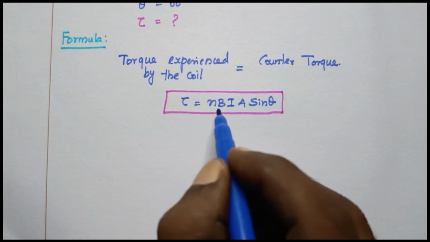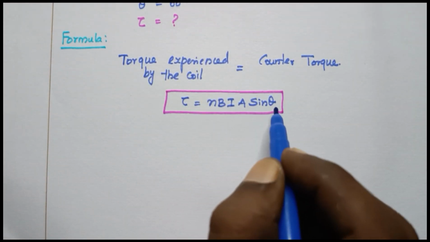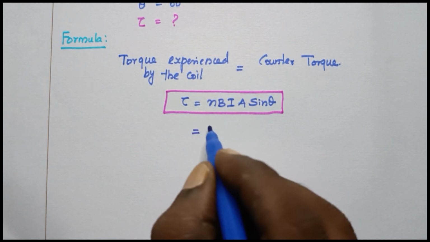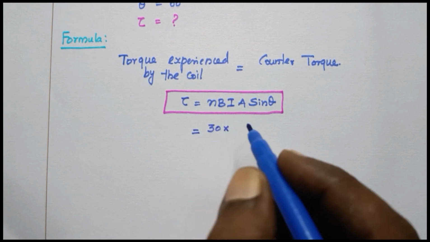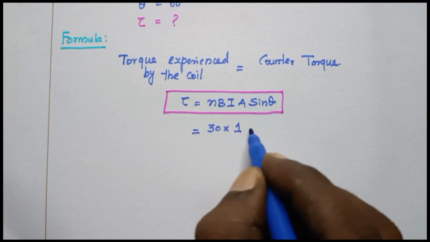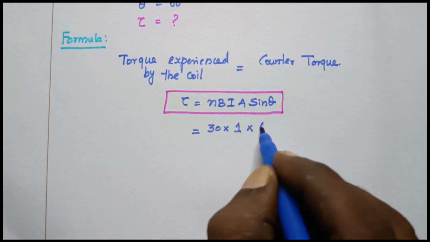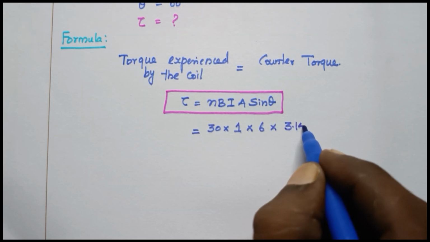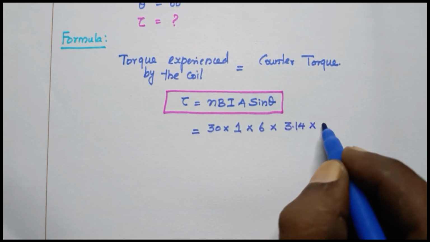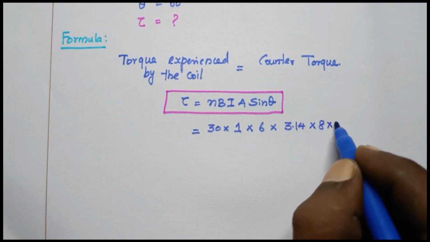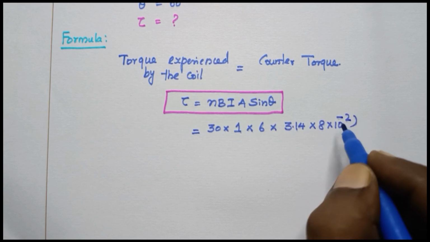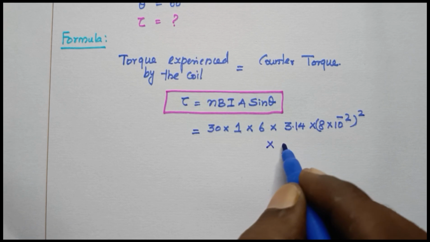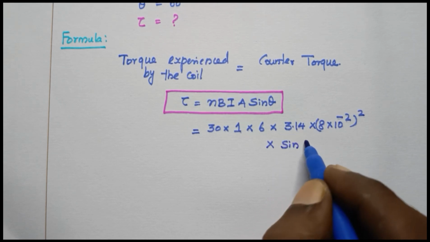We know the value of N, B, I, A, theta. Therefore, we can calculate torque. This is equal to N is 30, B is 1 Tesla, I is 6 ampere, area is 3.14 into 8 into 10 to the power minus 2 whole square, into sin theta, theta is 60 degree.